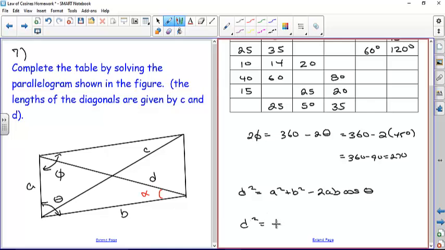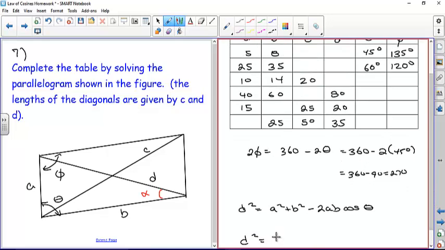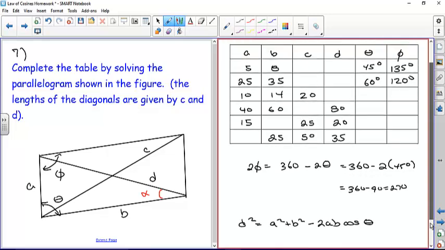Looking up at the chart here, A is 5, B is 8, theta is equal to 45 degrees.